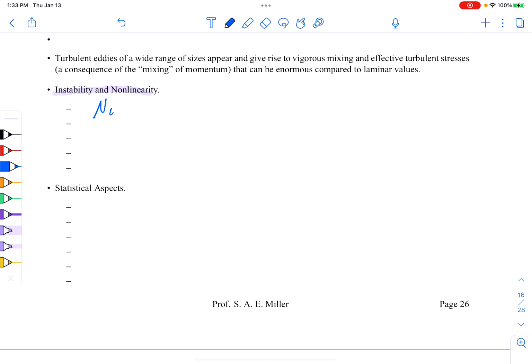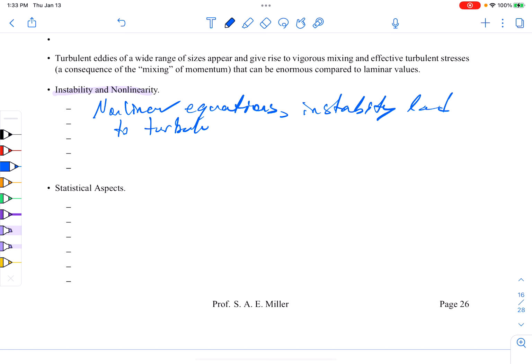So of course we have nonlinear equations, and instability will lead to turbulence, which isn't good, or could be good depending on your point of view.